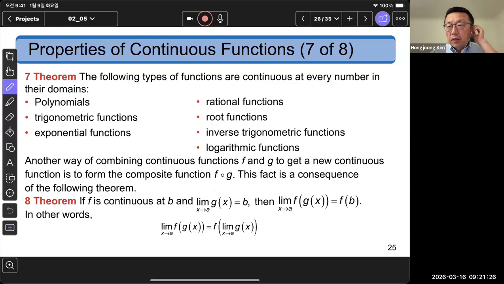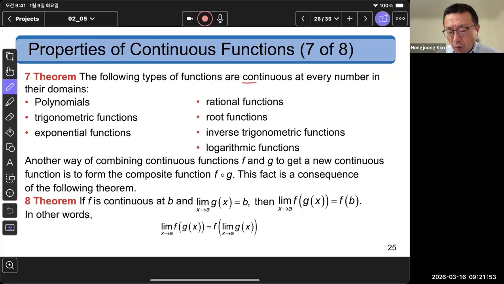So far we considered several types of functions, like polynomials, rational functions, trigonometric functions, exponential functions, root functions, and even logarithmic functions.